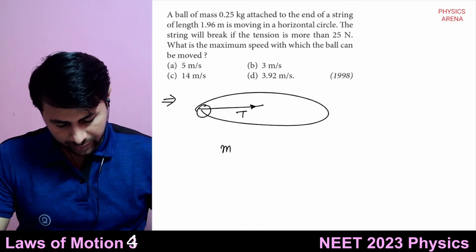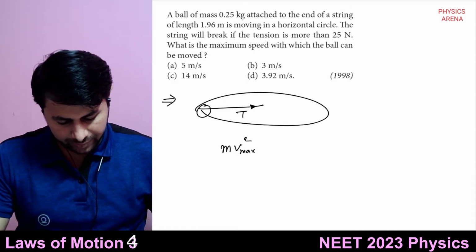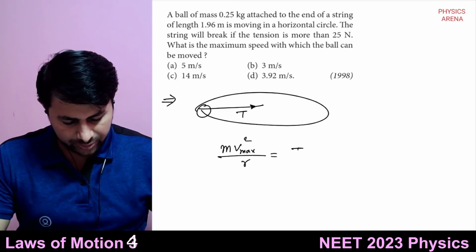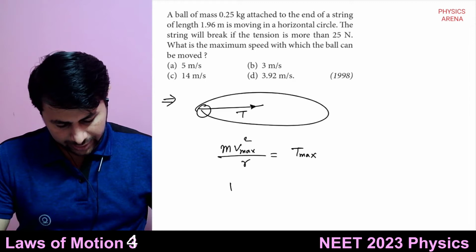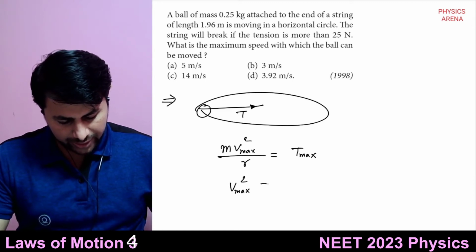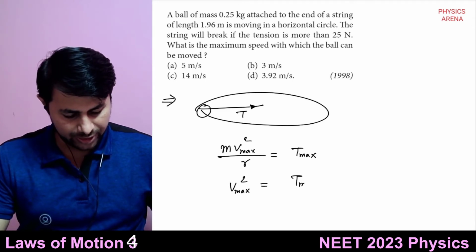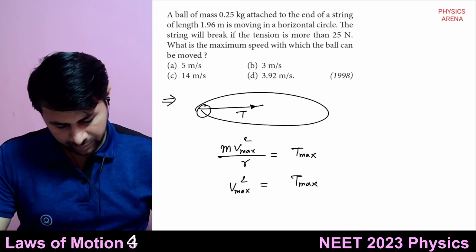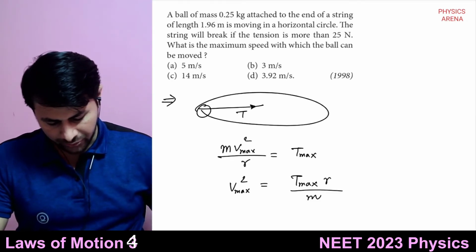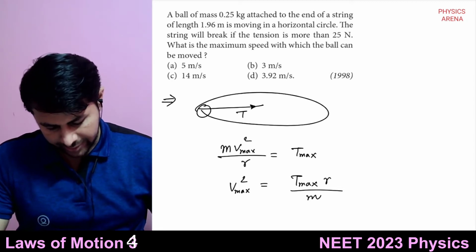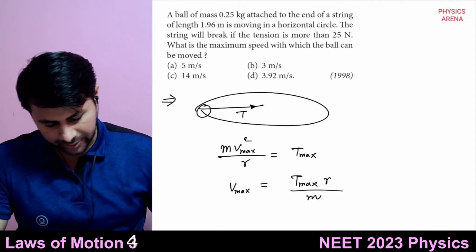So m Vmax square by R is equal to the maximum tension. So Vmax square is equal to the maximum tension multiplied by R divided by m, and you want the maximum speed, so you take the square root of this.